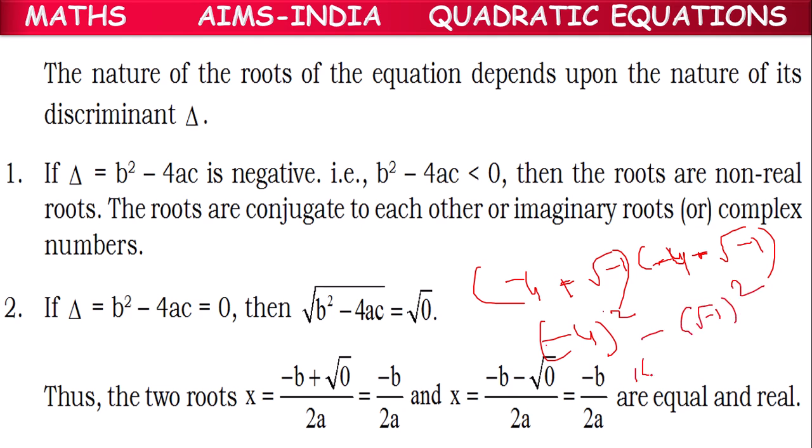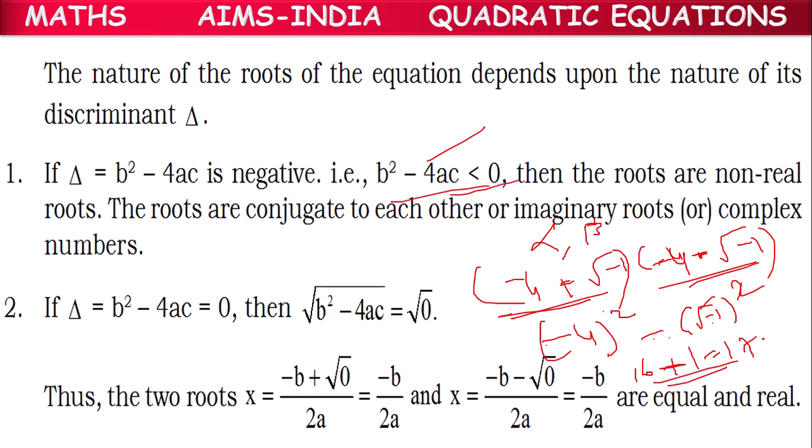Minus 4 whole square means 16, minus root of minus 1 whole square, the square root cancels, minus 1. Minus 1 into minus is plus 1, so 17. So if you multiply both the roots, alpha and beta, when the roots are imaginary, the root part will be cancelled. We will get a real number.